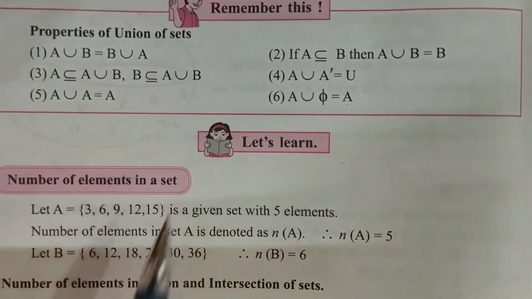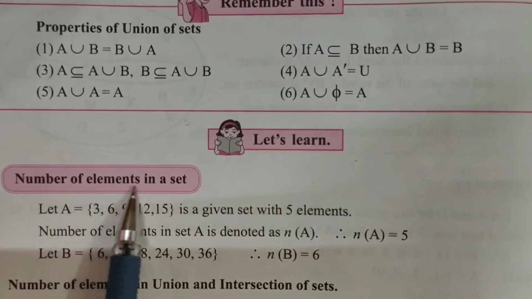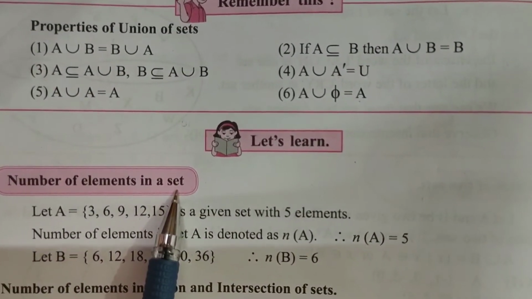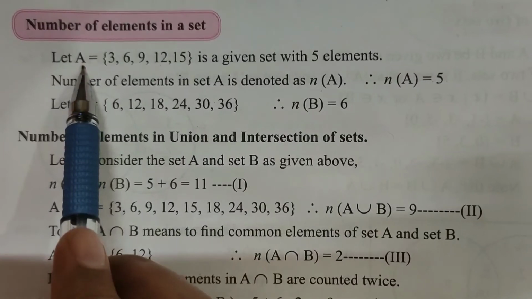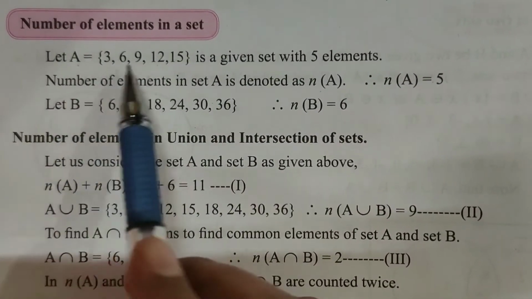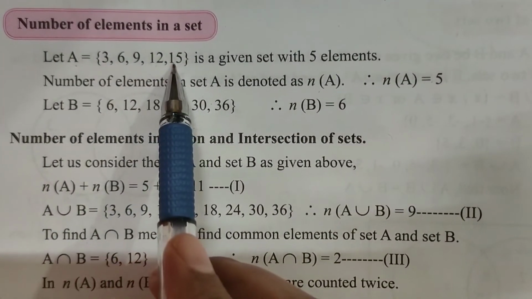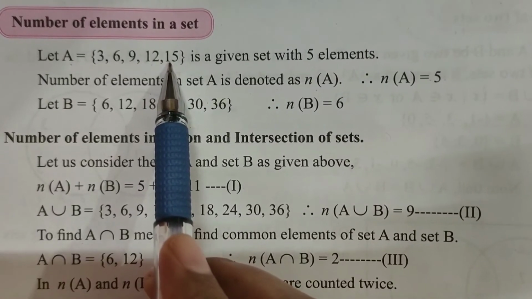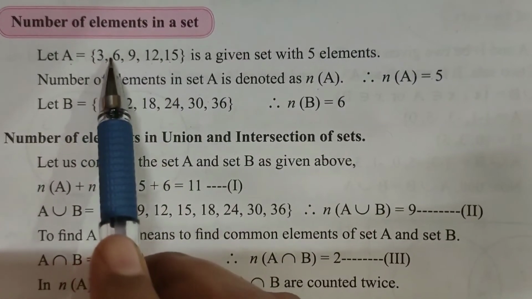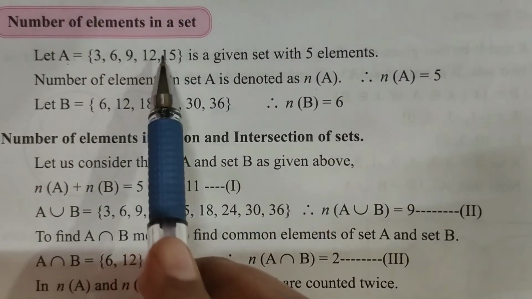Now let's move toward the next topic, number of elements in a set. Let's see this set A, which has some elements. Let's count how many elements it has. 1, 2, 3, 4, 5.